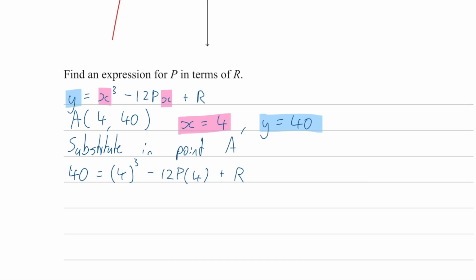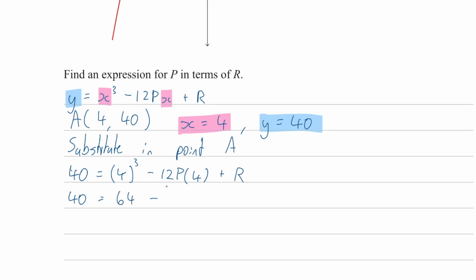And now we want p on one side of the equation by itself, and then everything else on the other side. So let's just start simplifying this a bit. So 4 cubed is 4 times 4 times 4, which is 16 times 4, which is 64.